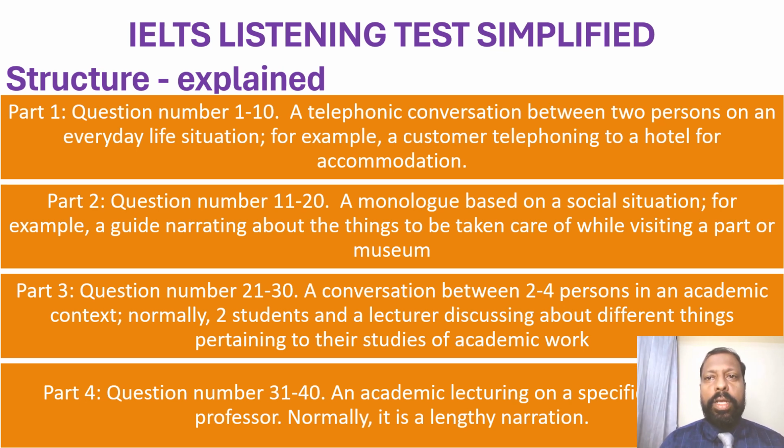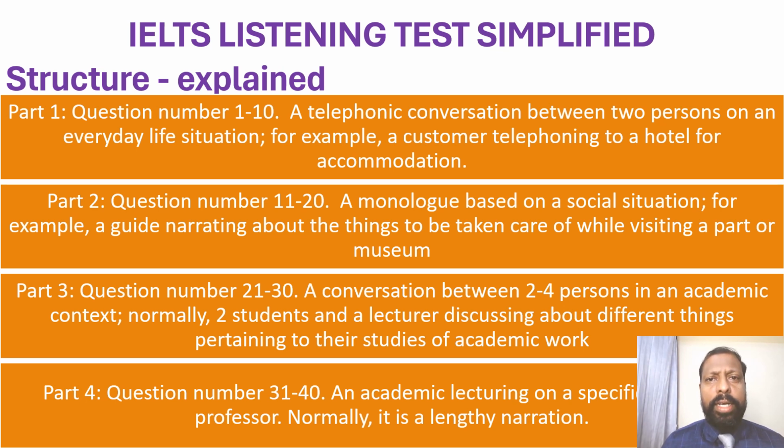Now coming to the structure and explanation of the different parts of this test. Part 1, question number 1 to 10. What can you hear in this part? It can be a telephonic conversation normally, or a face-to-face conversation between 2 persons on an everyday life situation. For example, a customer telephoning a hotel for accommodation.